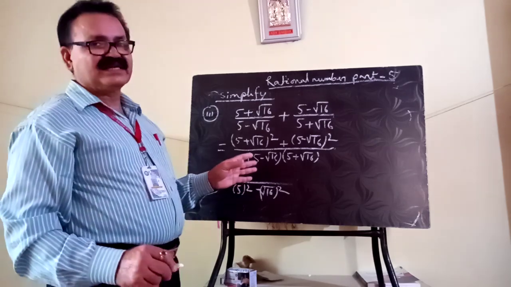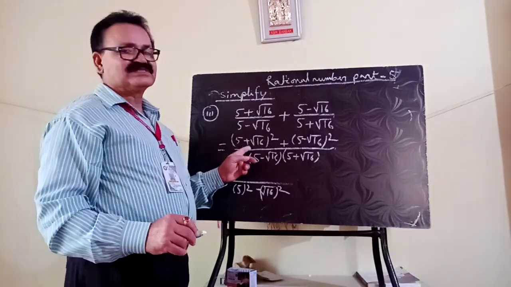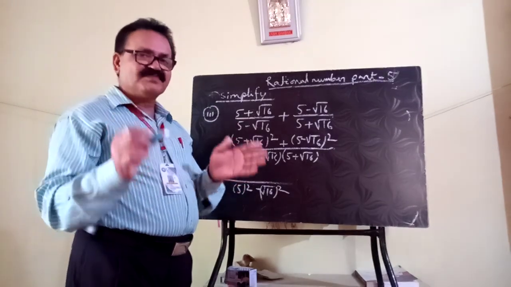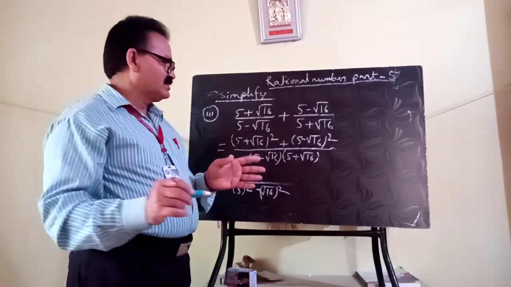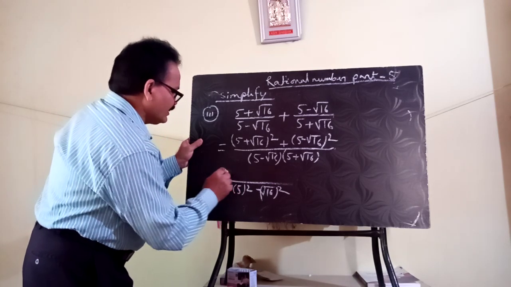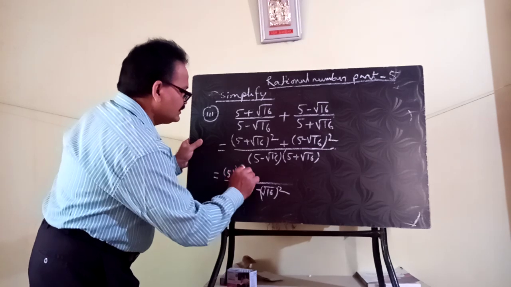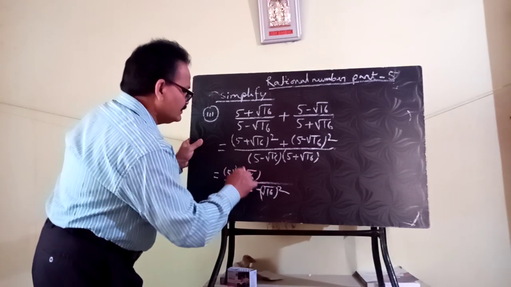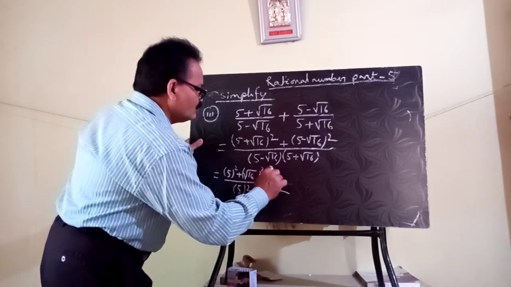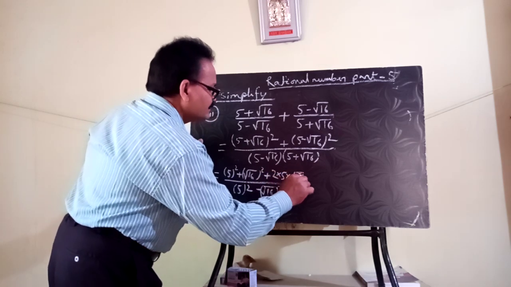And in your standard 7, you might have studied a plus b whole square is your a square plus b square plus 2ab. So that means this is your 5 square plus root 16 square plus 2 into 5 into root 16.